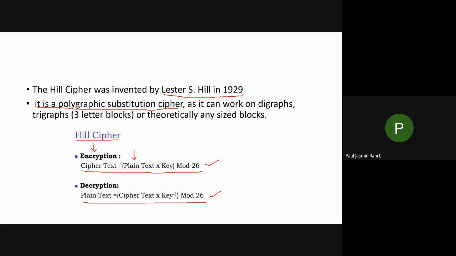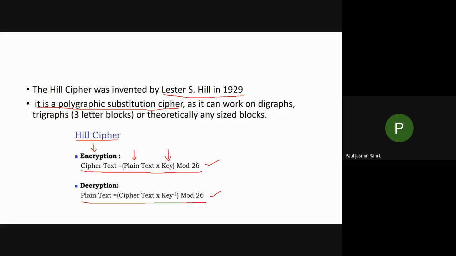From this formula, in order to get your cipher text, you need a plain text and you need a key along with that. Depending upon the key, you are going to split your plain text. After that you do the mod function with 26.